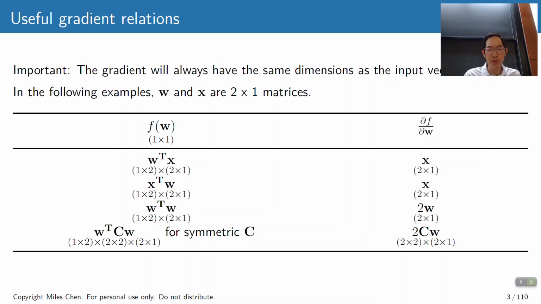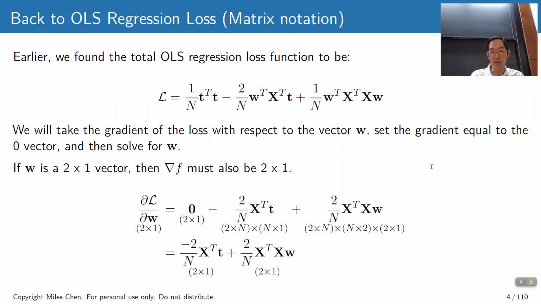Here are some useful relationships that will help us calculate the gradient. If we want to take the gradient of this quantity with respect to W, then we're going to get X, and this is a little useful table. We wrapped up Monday's lecture with our loss function, which is basically the mean squared error.